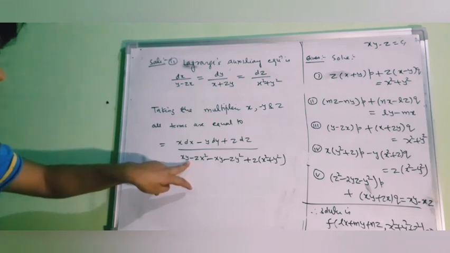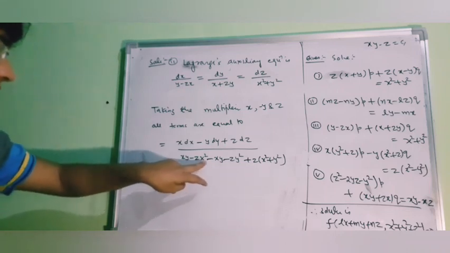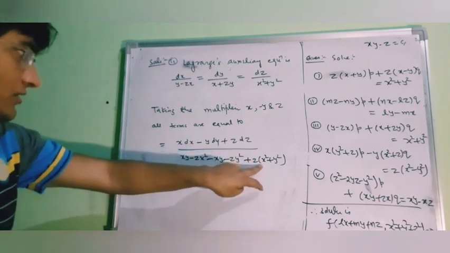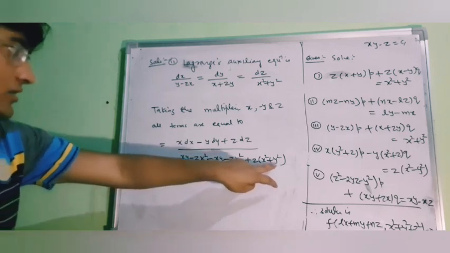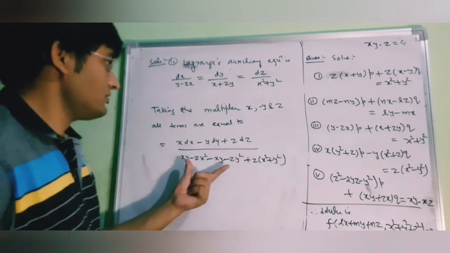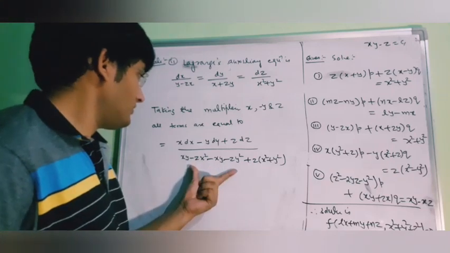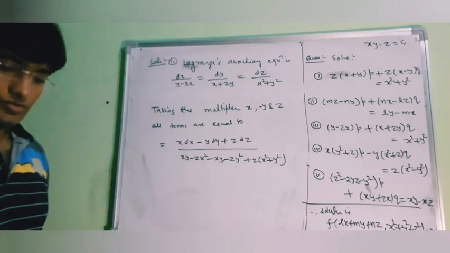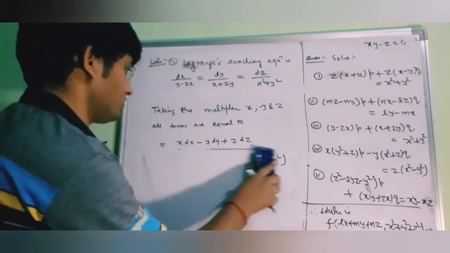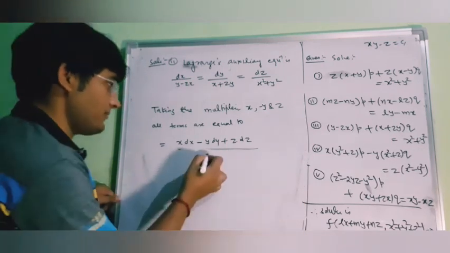Now this is your minus x. This is your xy. This is your minus xy. This is your zx square. This is your zx square. Here we are getting minus zy square. Here we are getting plus zy square. So that means this multiplier will work. So in the denominator we will get 0. So here this term is 0.